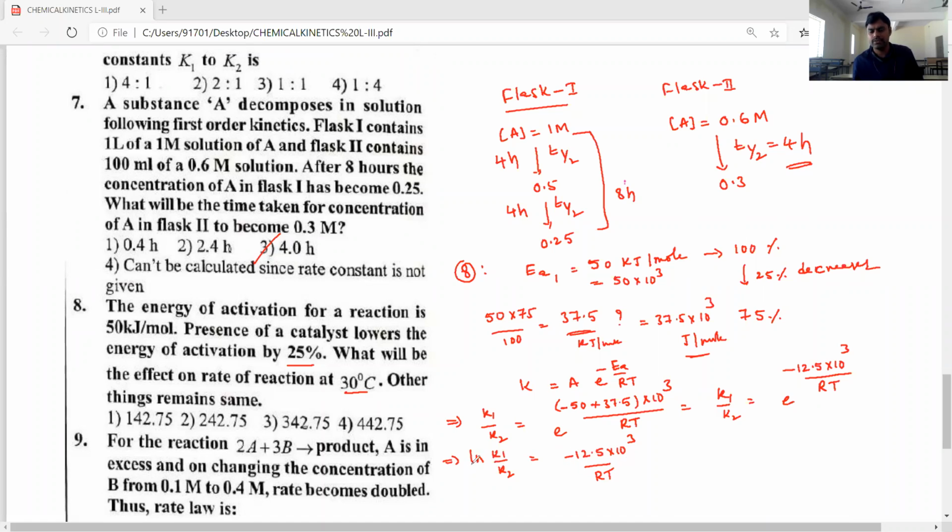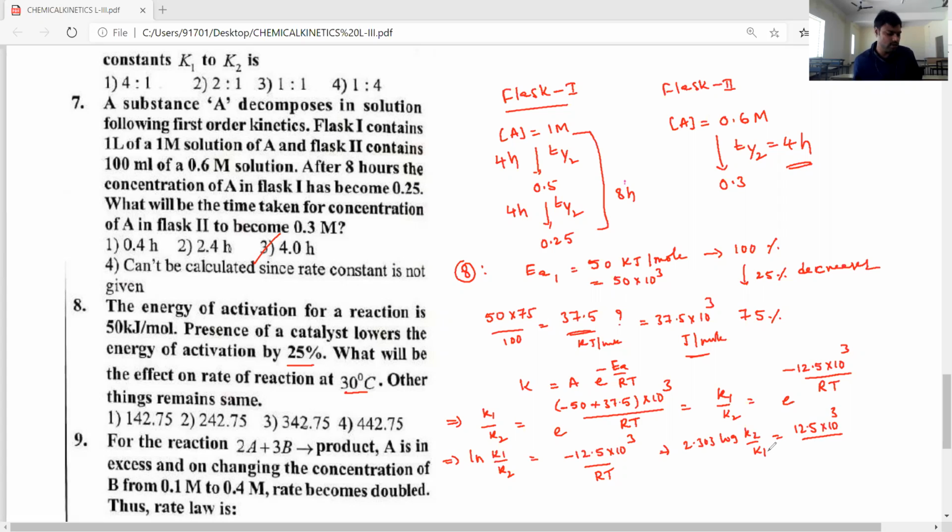That ln we have to convert into log, which means multiplying with 2.303. To remove this negative sign, ln K1 by K2 is nothing but minus of ln K2 by K1. So 2.303 log K2 by K1 is equal to 12.5 into 10 to the power of 3 by RT.